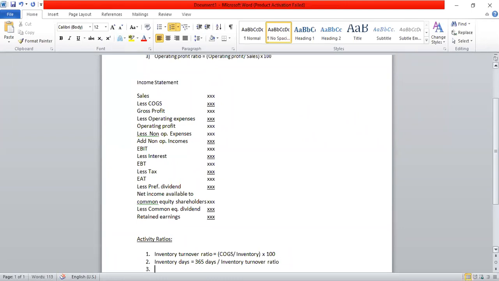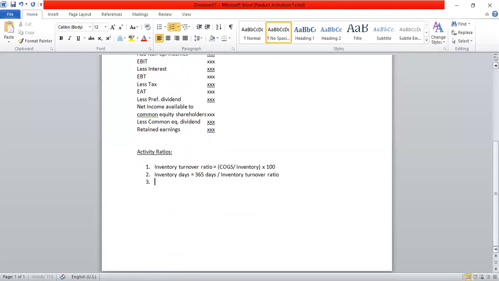What does it indicate? It says that in a year of 365 days, how long inventory was held, that is, the number of days where cash was held in the form of inventory.